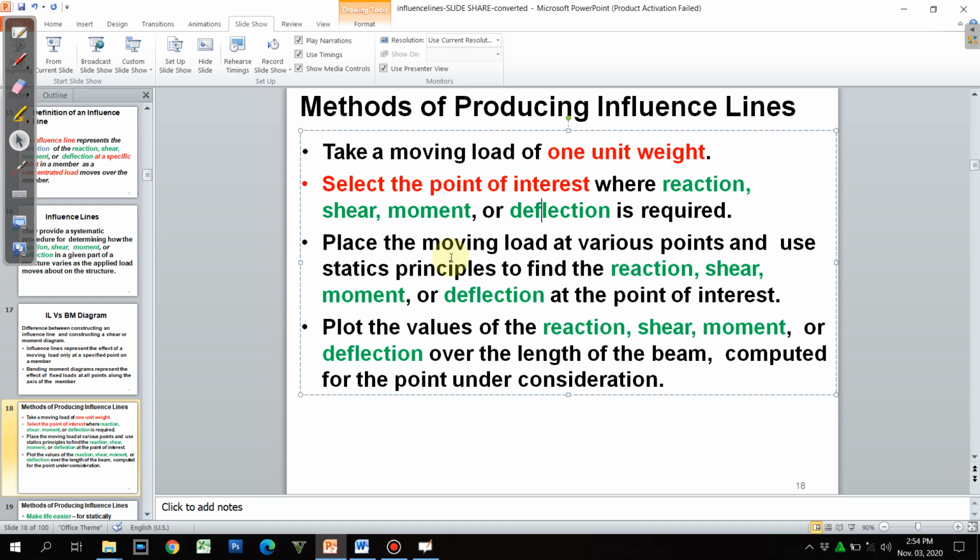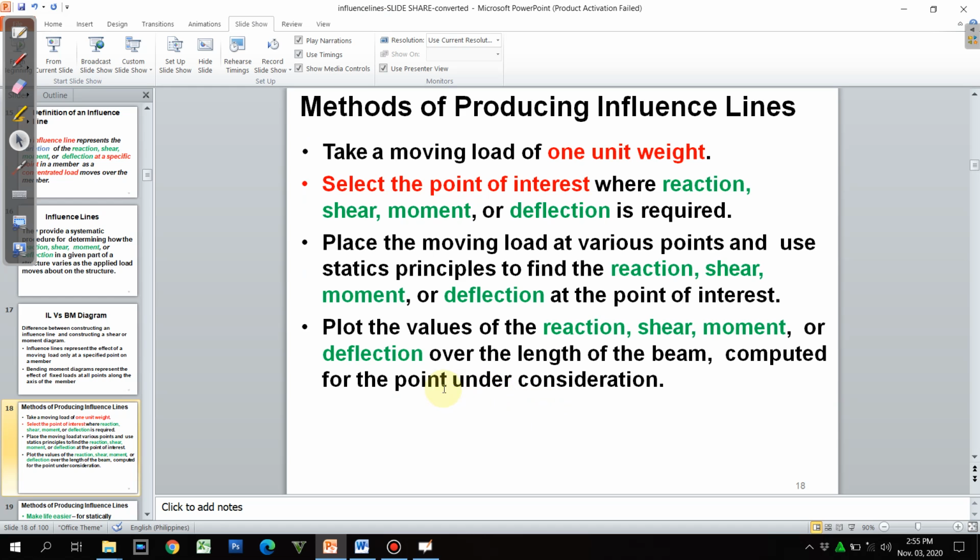Then place the moving load at various points and use statics principles to find the reaction, shear, moment, or deflection at the point of interest. So plot the values over the length of the beam computed for the point under consideration.